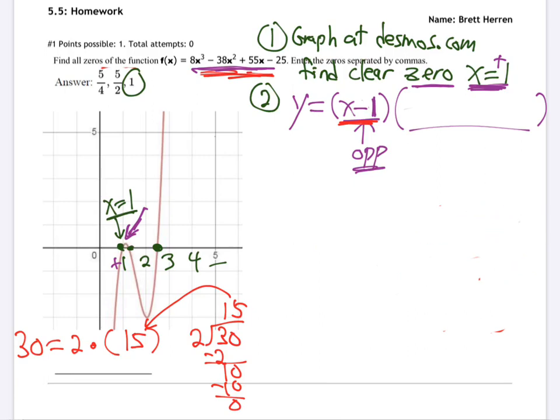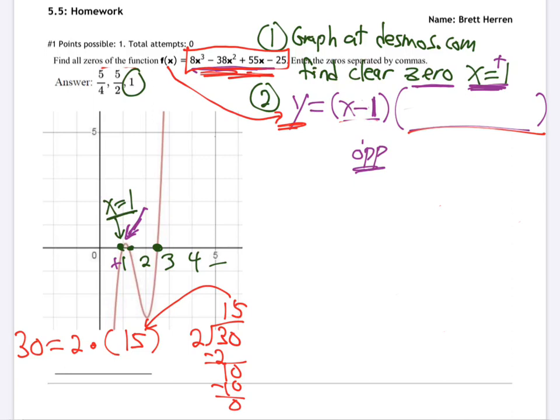Instead of a 30, we have this big old function here, 8x cubed minus 38x squared plus 55x minus 25. That's my y. That's my function value. So I'm going to break it down. I know it's x minus 1 times something.